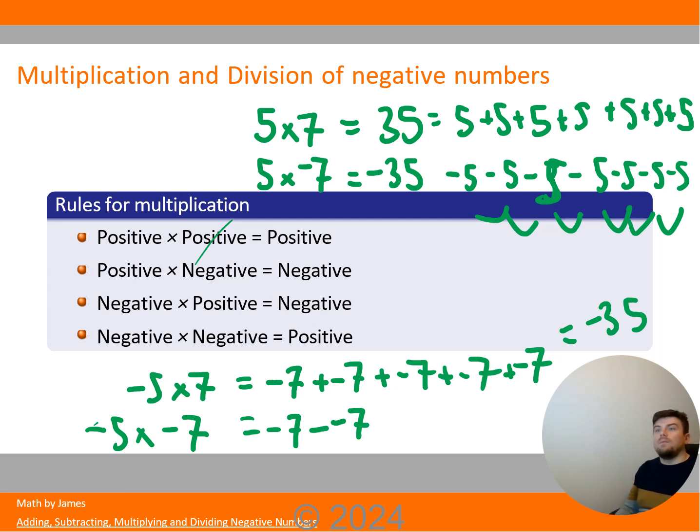So we keep going with that. We would have minus 7 minus 7 minus 7 minus 7 minus 7, which gives us 35, because they make a positive.